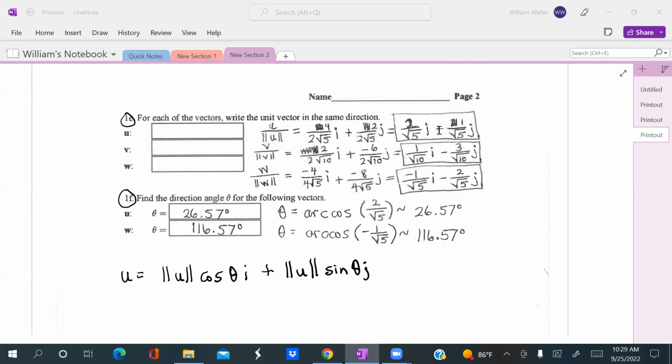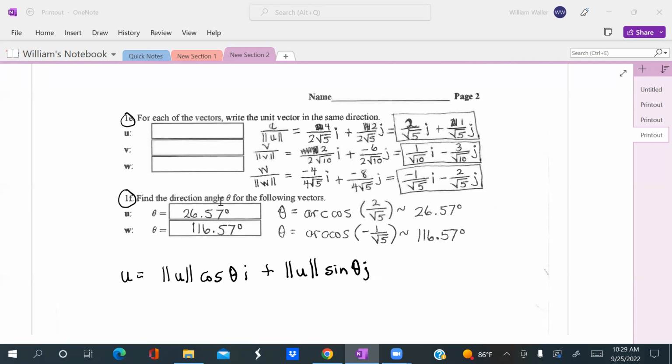Okay, so there's the unit vector version of the vector u. Now part F is a little bit more complicated still, because this is something that your survival card can really help you with.